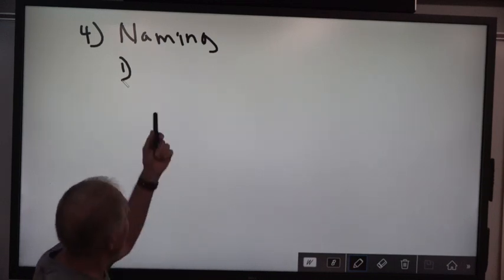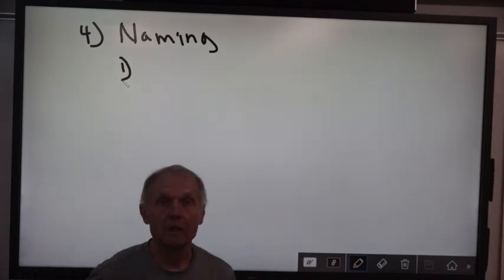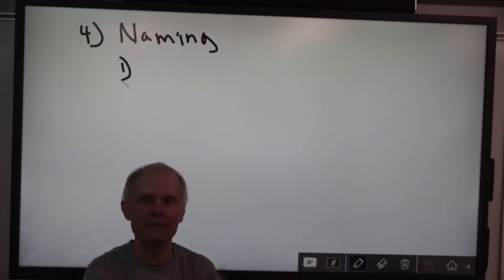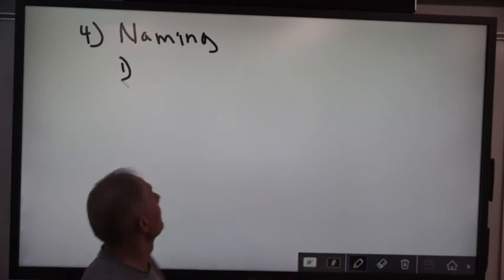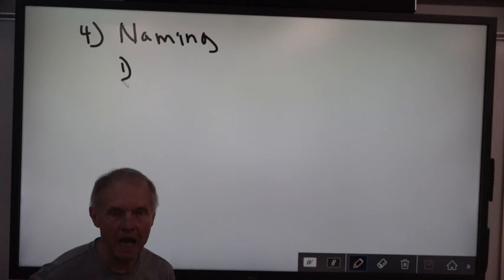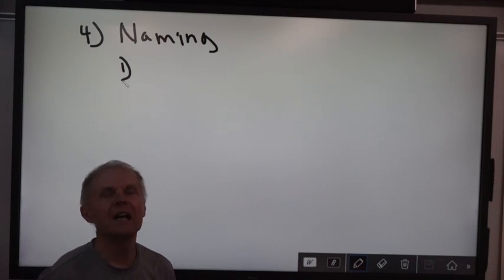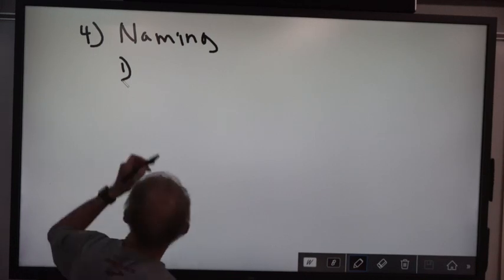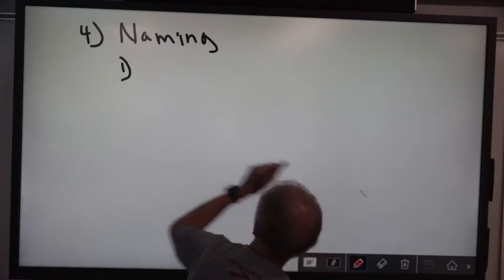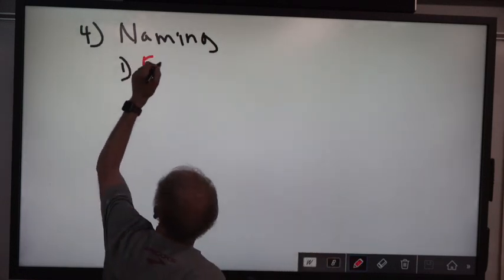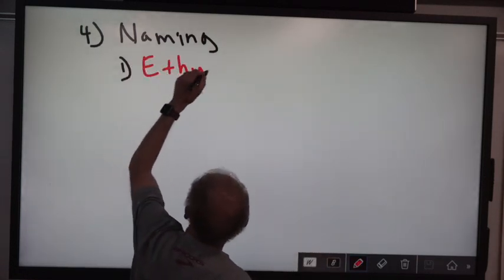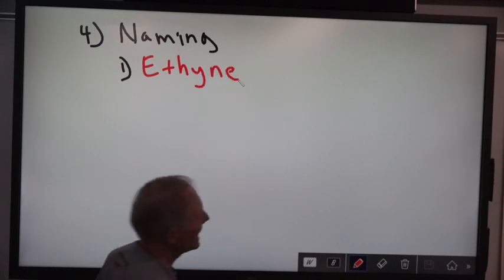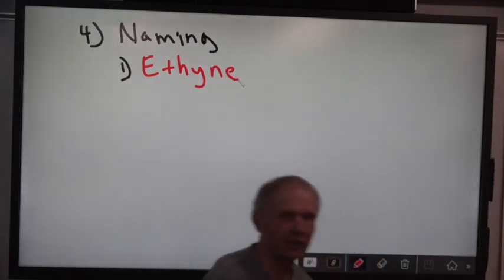Now, for the alkynes, you have to have 2 carbons to have a triple bond between them. So the very first alkyne is called ethyne. Ethyne. And it's a crazy one.